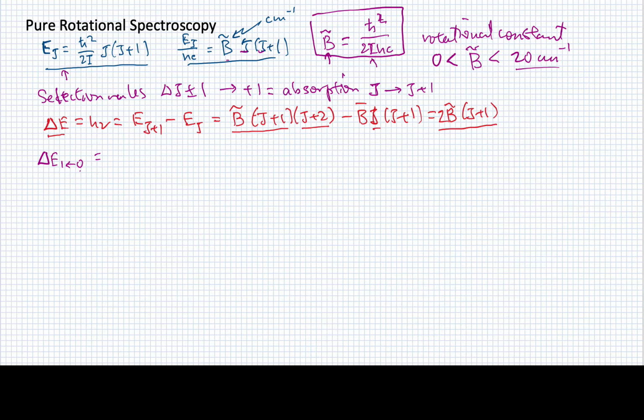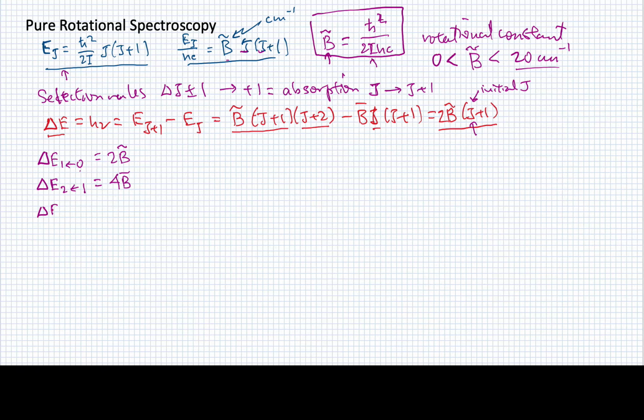Well, the J that appears in here is the initial J, the way we have formulated this. So when I plug in J equals 0, that's just going to be 2 times B tilde. If I looked at the energy change from 1 to 2, remember it can only change by 1. All right, then my initial J is 1. When I plug 1 in here, I'll have 1 plus 1 is 2 times 2, or 4 B tilde.